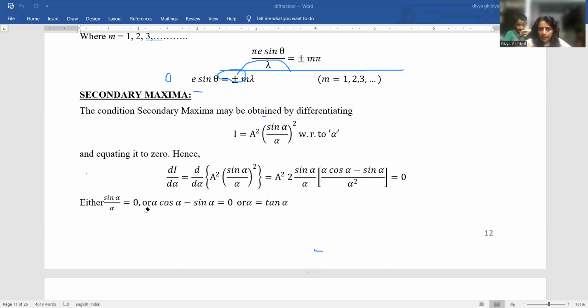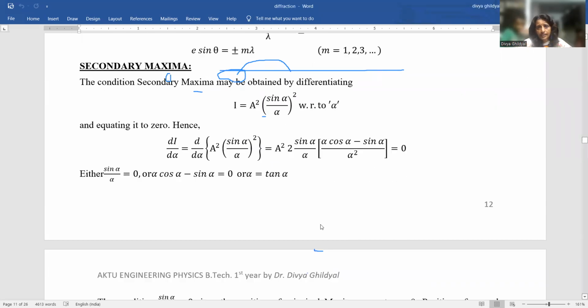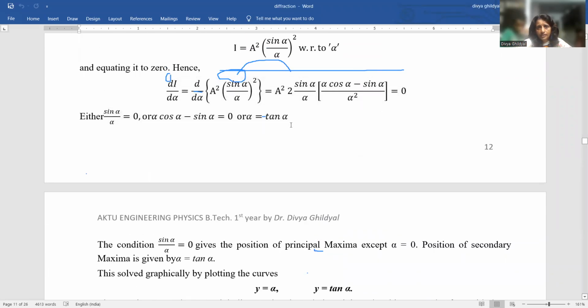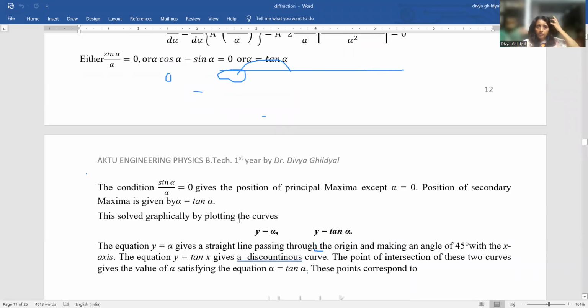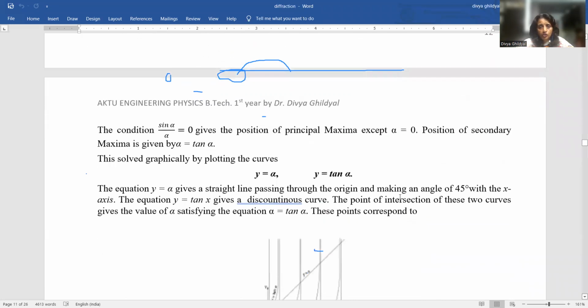So either sine alpha by alpha is 0 or alpha cos alpha minus sine alpha is 0. So from alpha cos alpha minus sine alpha, dividing by cos alpha, it becomes tan alpha equal to alpha. So the position where these 2 curves intersect gives you the position of maxima. So the position of secondary maxima is given by alpha equal to tan alpha.